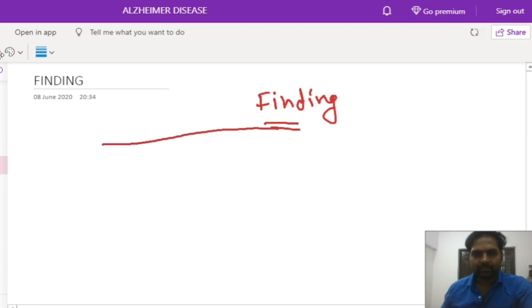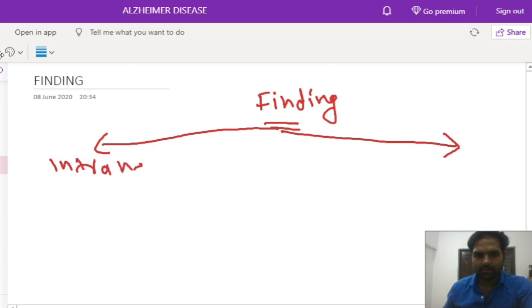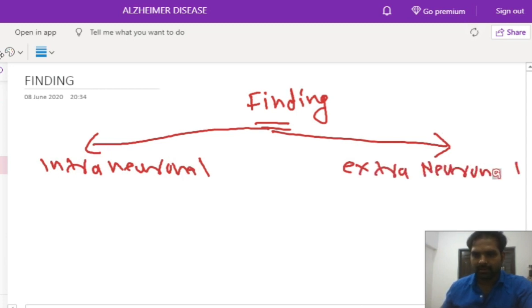Now let's talk about the findings in Alzheimer disease. The findings can be broadly divided into two: the intraneuronal findings and the extraneuronal findings.